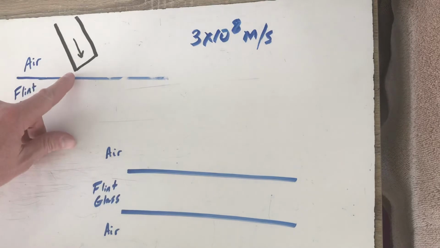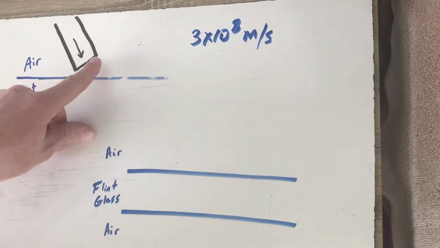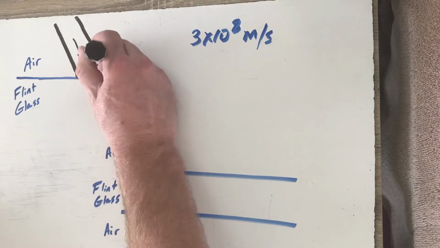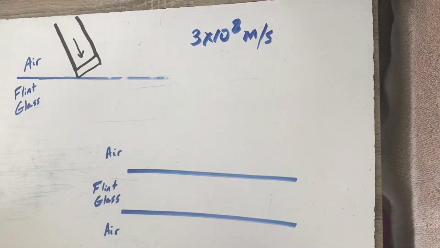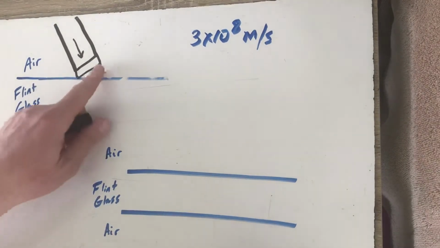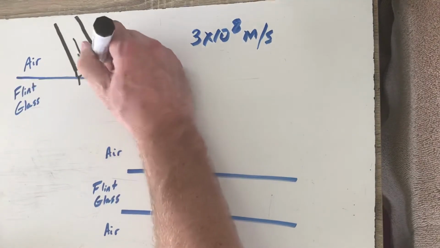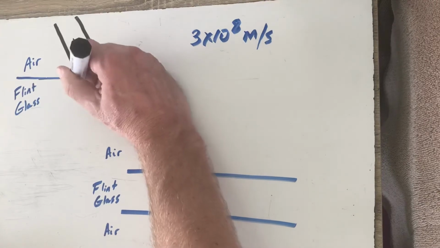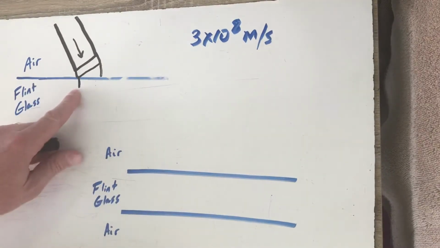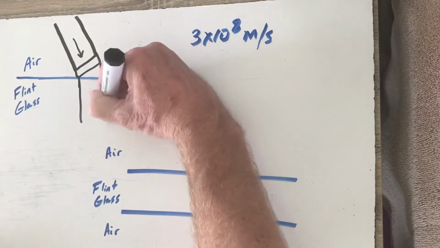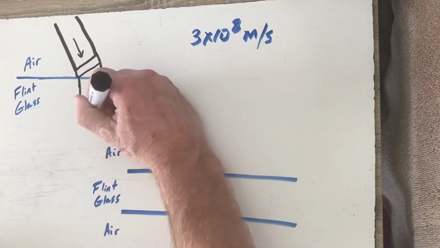Well, if this wheel of the lawnmower hits the grass before this one does, then just as it hits that, the edge that touches that grass is going to slow down quite a bit. But the edge that doesn't touch the grass is going to keep going fast, and what it does is it bends the light ray. This wheel moves slower and doesn't make it as far. This one does, and all of a sudden we have it moving in a different direction.